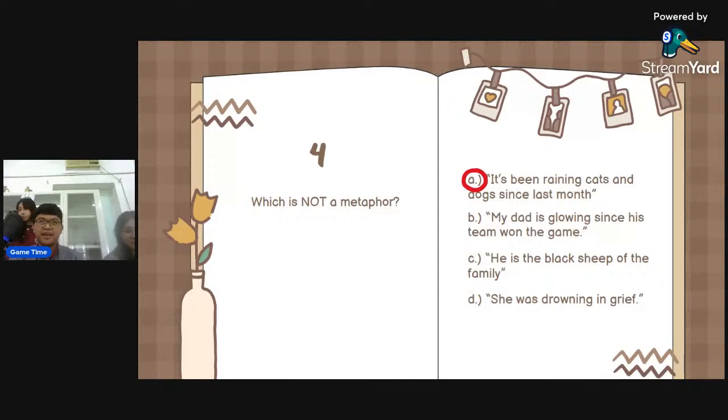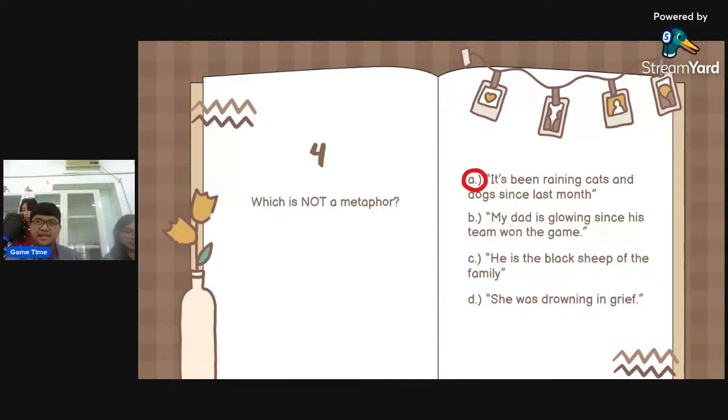Well, yes, black sheep can be considered an idiom. It actually comes from a metaphor. If you delve deep into what "he is the black sheep" means, it means he is the odd one out of the family.